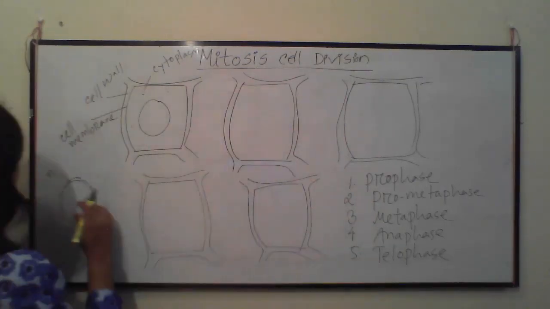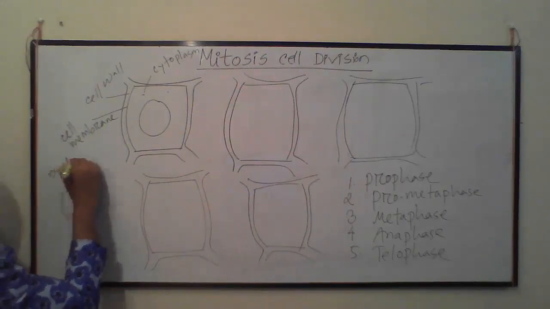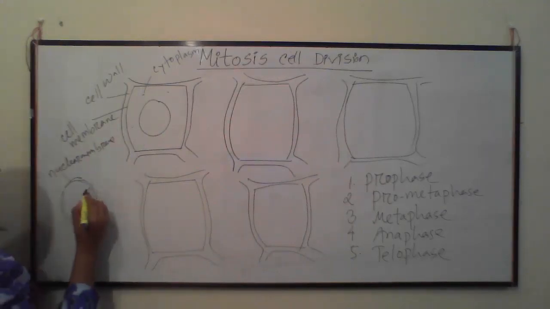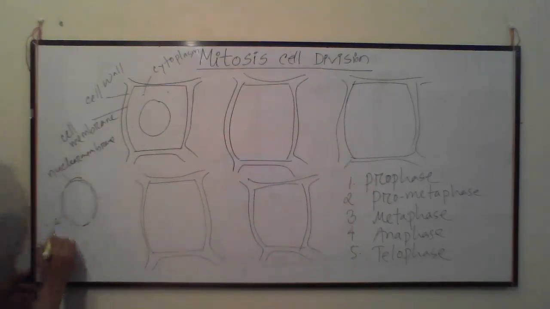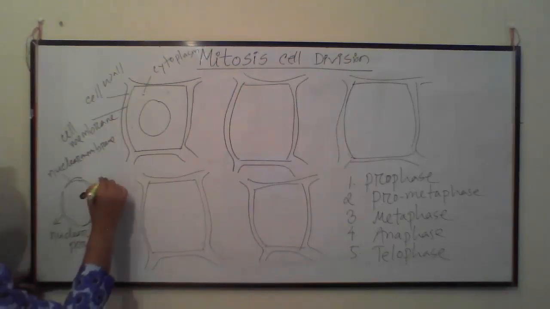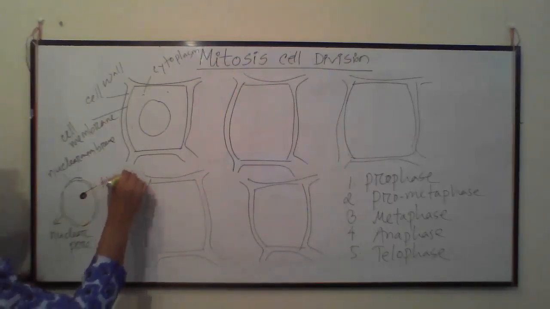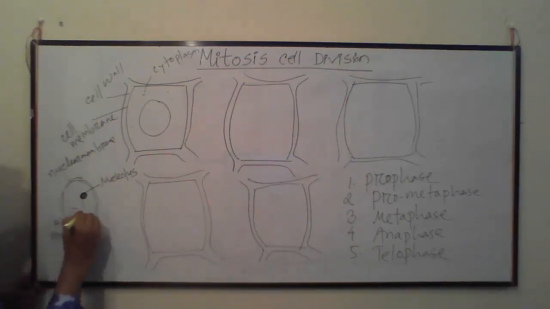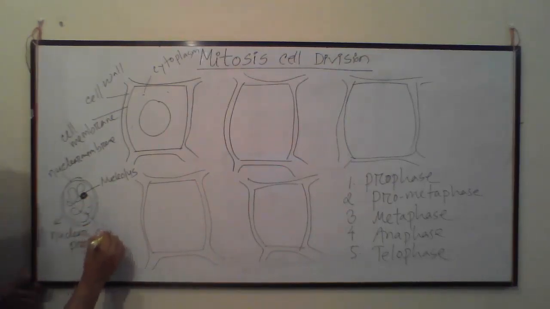Okay, so listen, this is the nuclear membrane, and this is the nuclear pole. This is the nucleus. Then these are chromatin fibers.